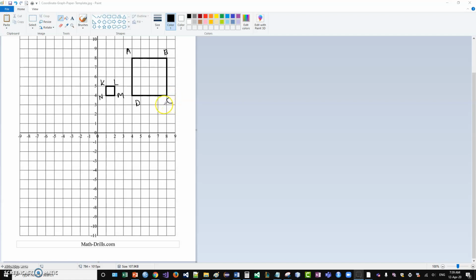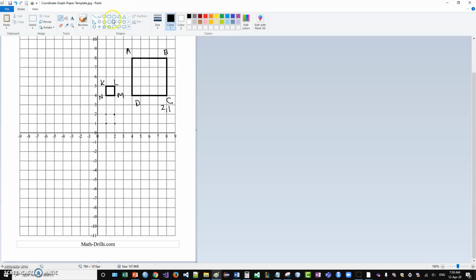Dilate. Now this point is 8, 4. If you multiply 8 and 4 by 1/4, you get 2, 1. So 8 divided by 4 is 2, and 4 divided by 4 is 1. So this point becomes right here, and this point will be right here, and this point right here, and this point right here.